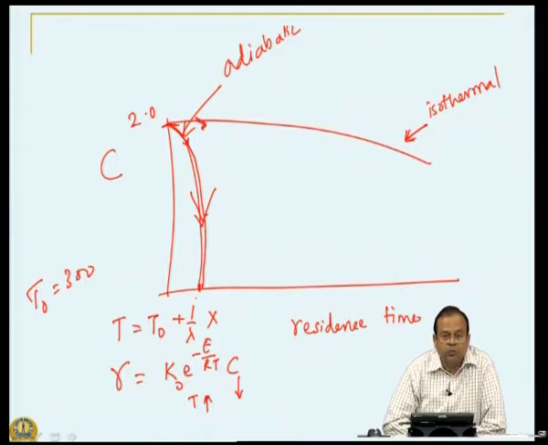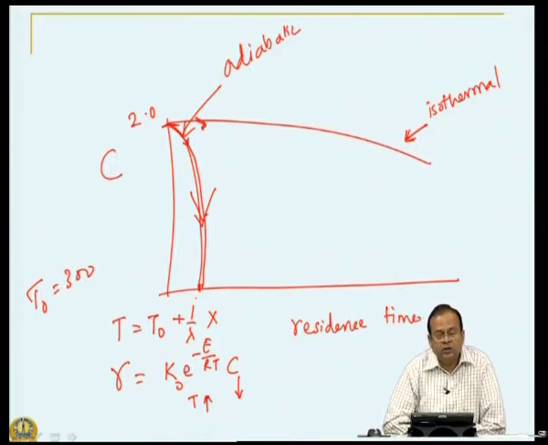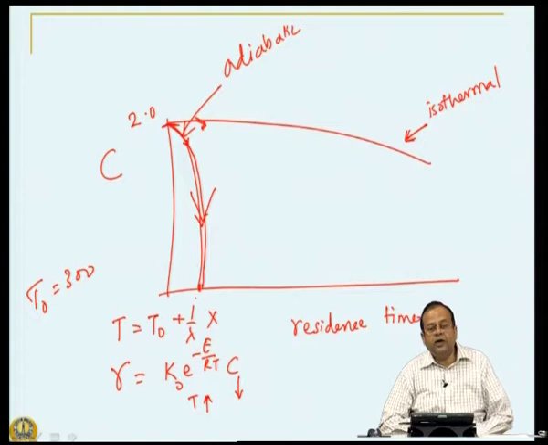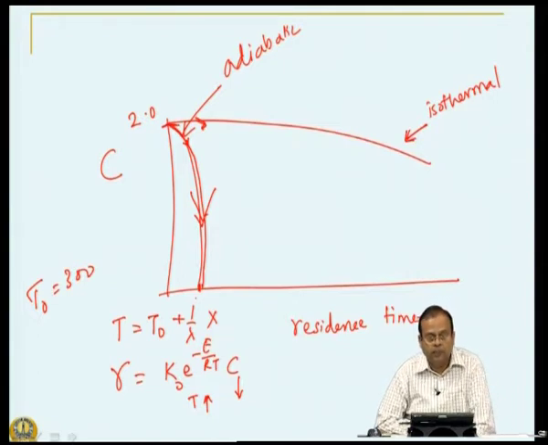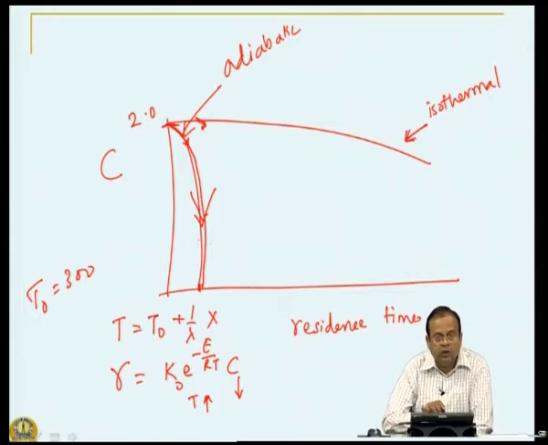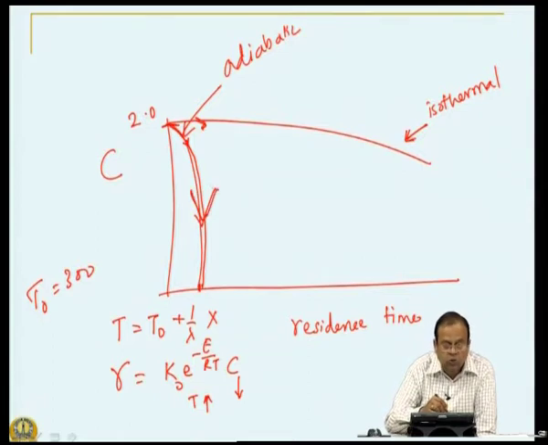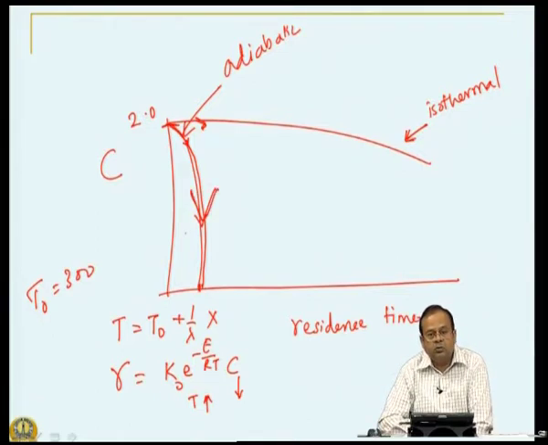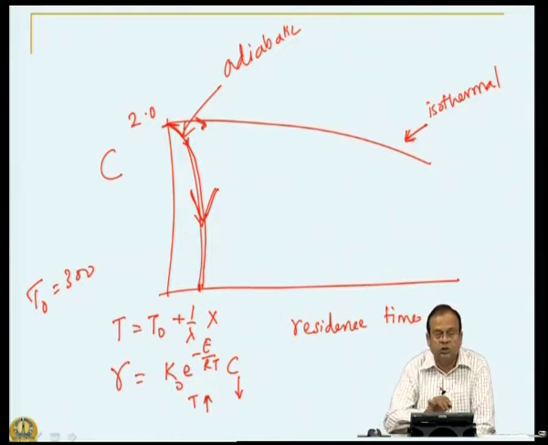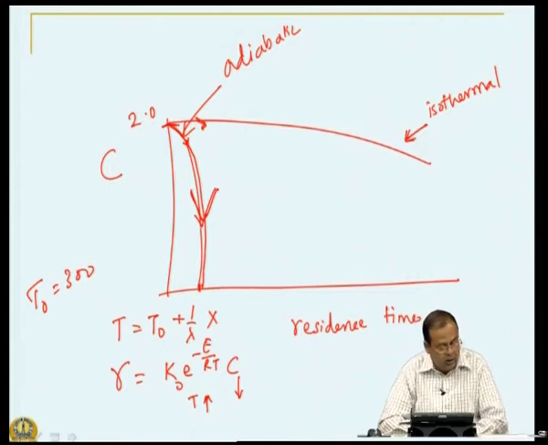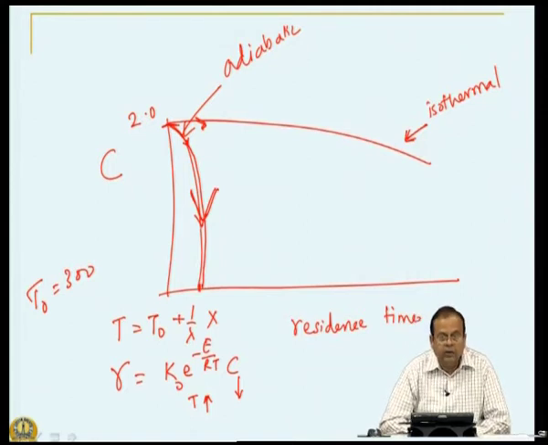Now, you will start appreciating what I had said some time back, that why adiabatic operation is important. Remember, this is almost like an uncontrolled reaction, because the slope is almost infinity. So, you do not know what will happen if such situations arise, and therefore, knowledge of adiabatic operation is important.